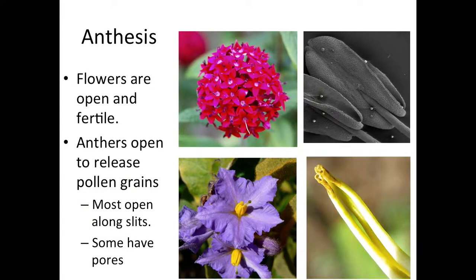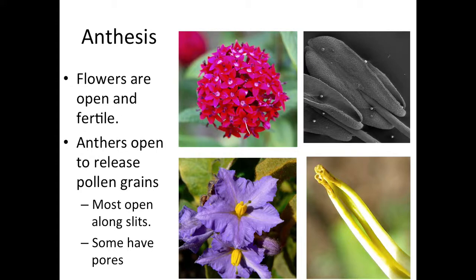All right, finally, anthesis. How do these pollen grains, the male gametophytes, get released into the environment? That's known as anthesis, the opening up of the anthers, or the opening up of the sporangia.